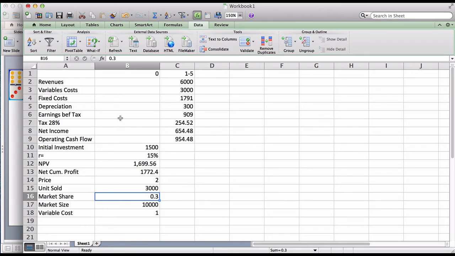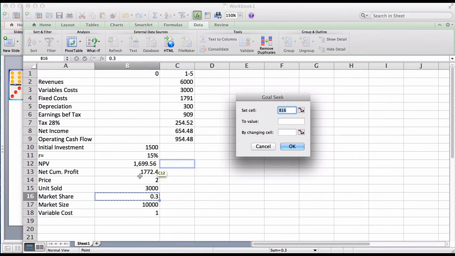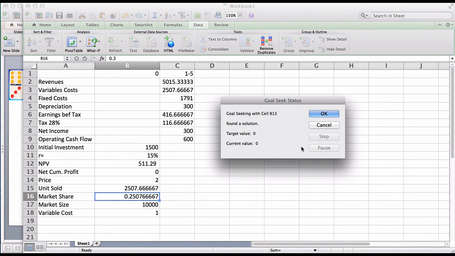So what is the minimum market share for us to have an accounting break even? Again, set cell, we're doing the accounting break even here to value 0, and this time we're going to choose the market share. In this particular case, the minimum market share is 25%. So assuming the market size is 10,000, we would not be able to go forward with this if we thought that the market share was less than 25%.